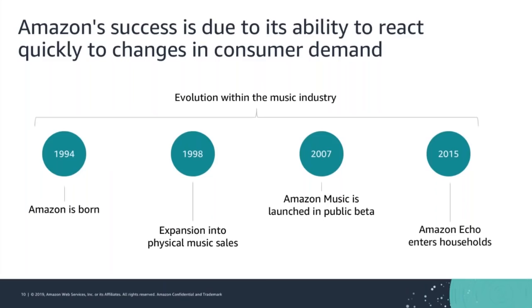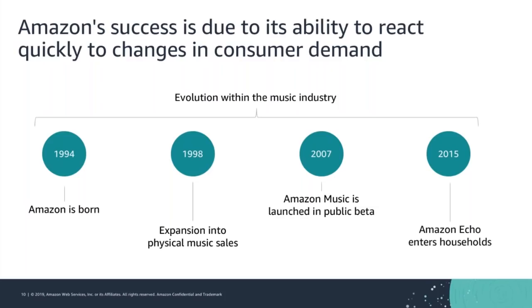So, one of the examples that I think is good to take a look at is how Amazon's services have evolved over the course of the last 20 or so years. Amazon was founded in 1994. At the time, it was a website where you could buy books.